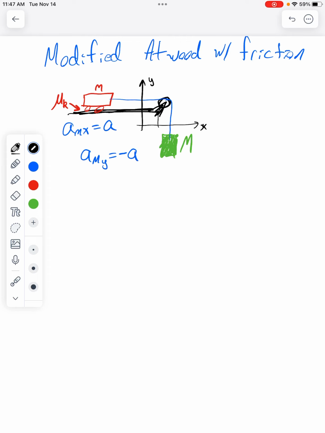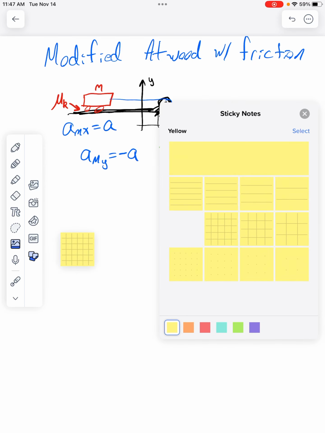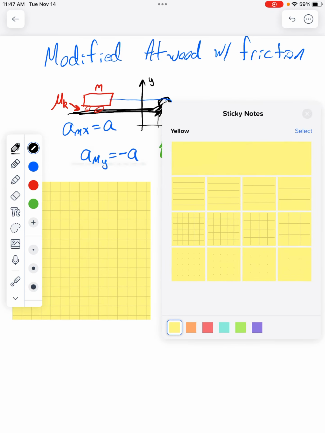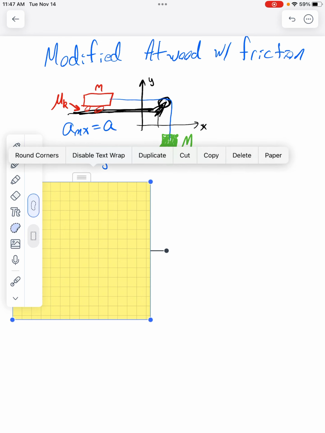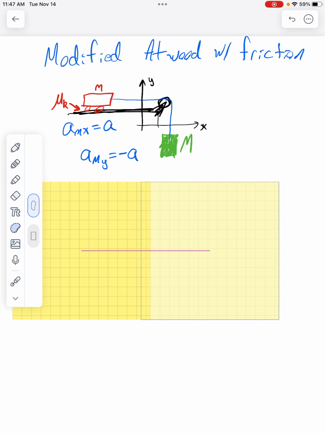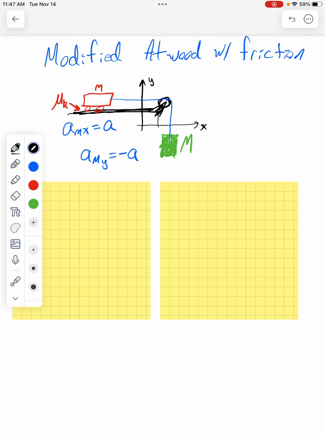So we're going to do our free body diagrams. Part of our free body diagrams are going to look very similar. But obviously there's going to be one more component, or aspect, I should say.